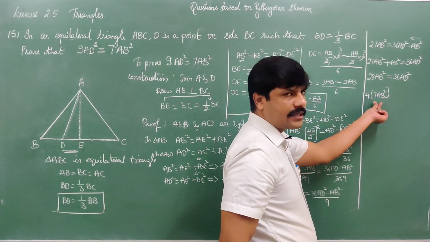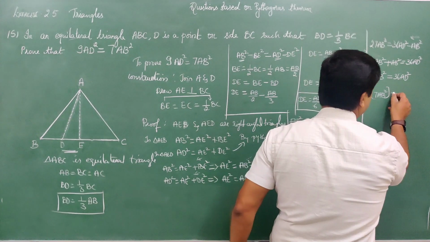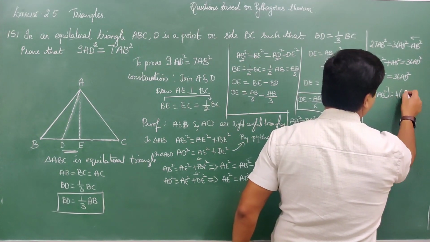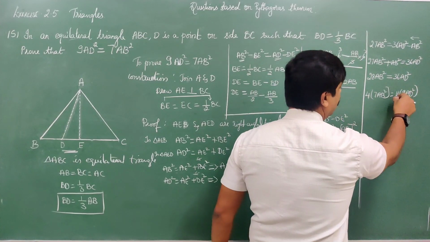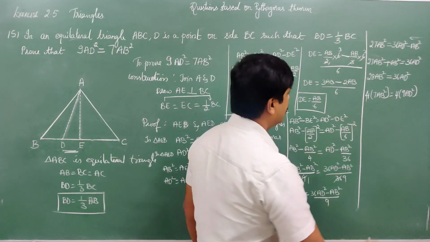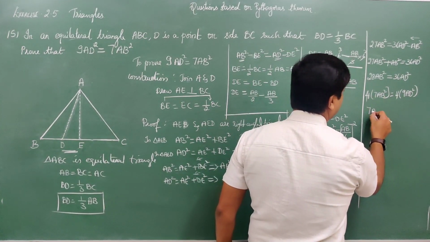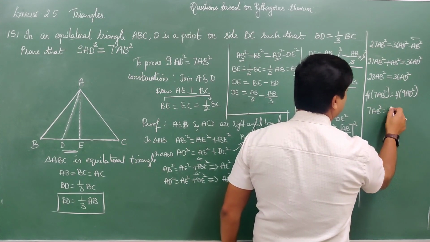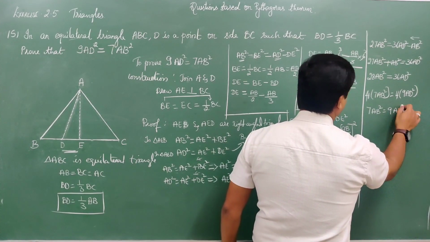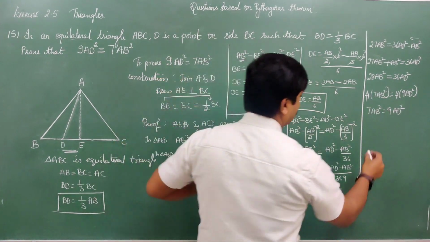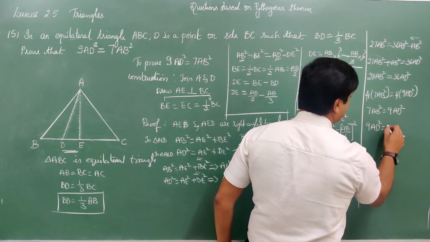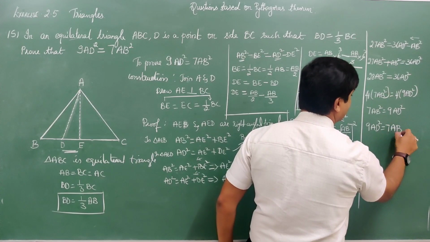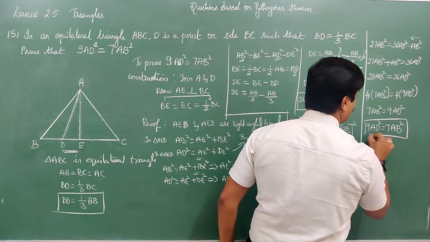So 4 sevens are 28 and 4 nines are 36. This 4 and 4 get cancelled. The remaining thing is 7 AB square is equal to 9 AD square. What actually we need to prove? The same, 9 AD square is equal to 7 AB square. Thus we have proved.